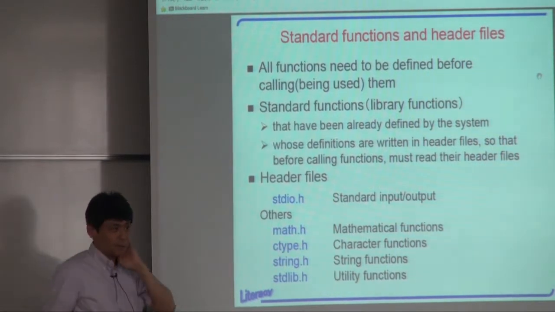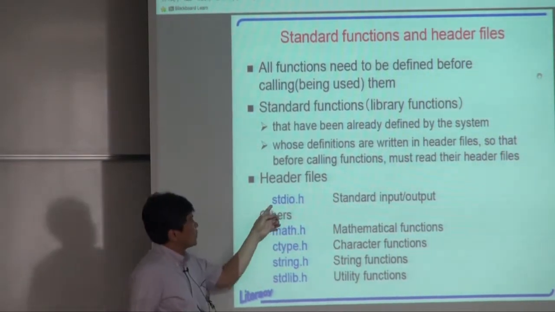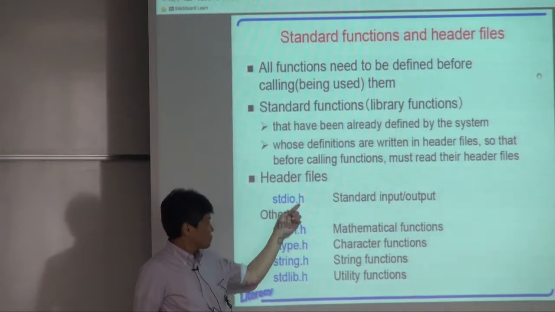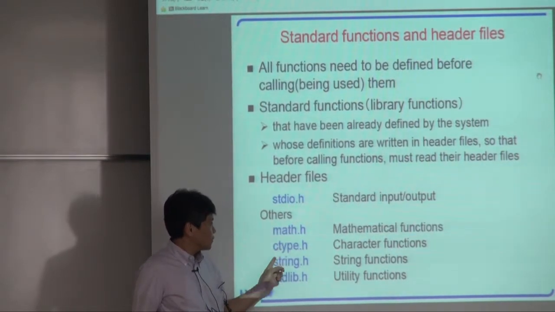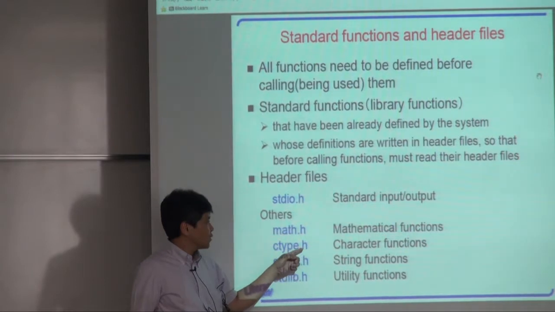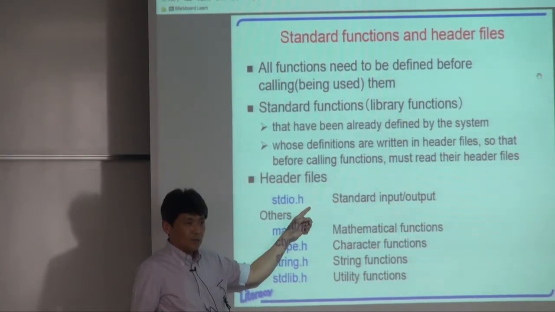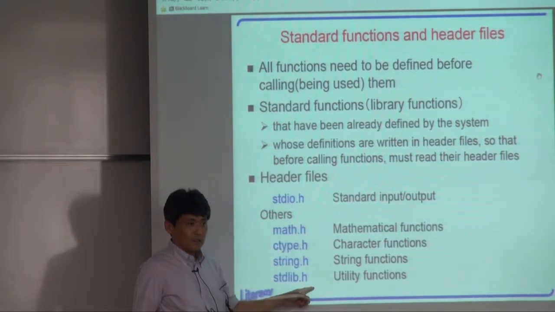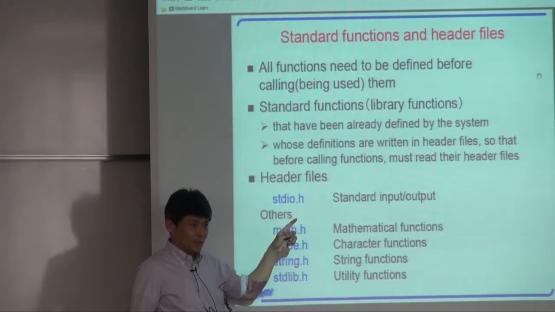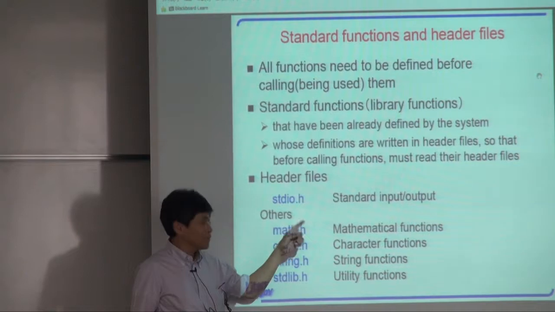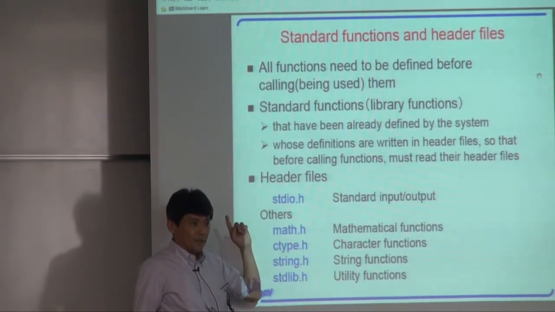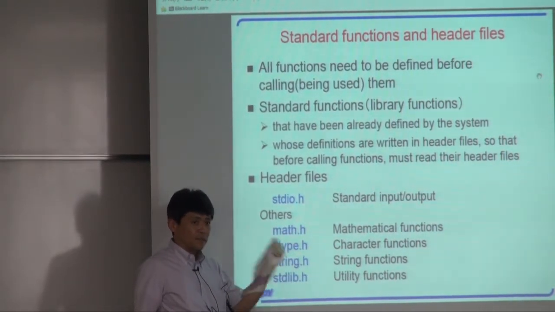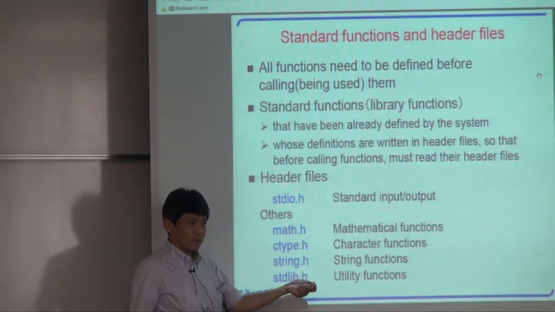There are some types of include files, such as the standard IO header file and the math header file. Usually include files are called header files, with the extension .h. The file extension h means a header file. A header file is an include file.